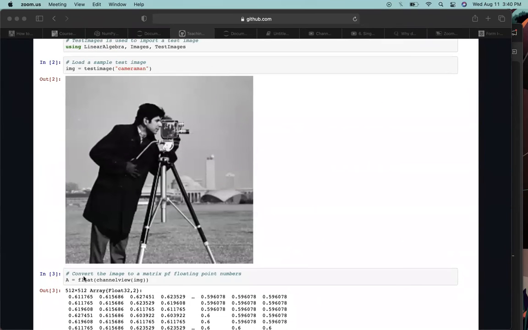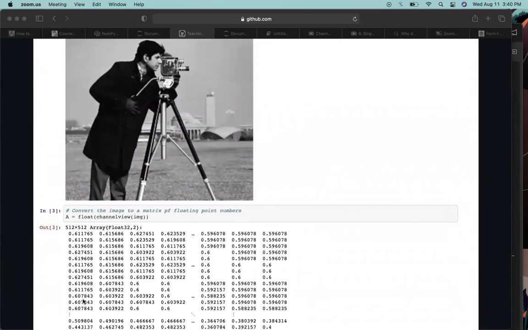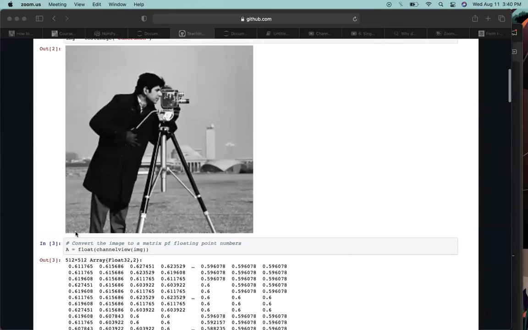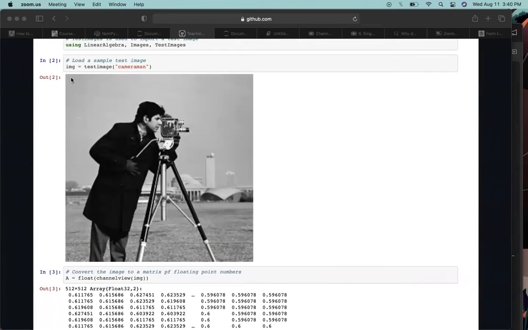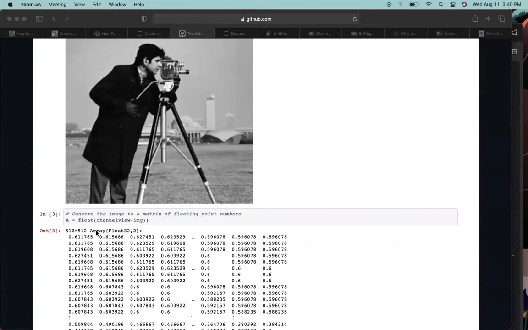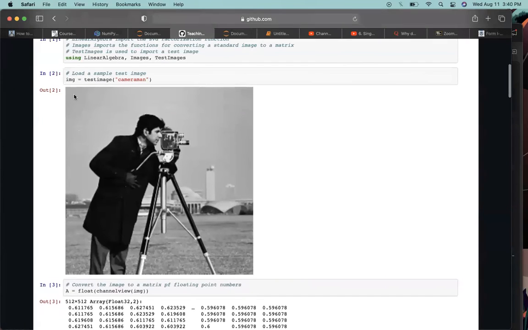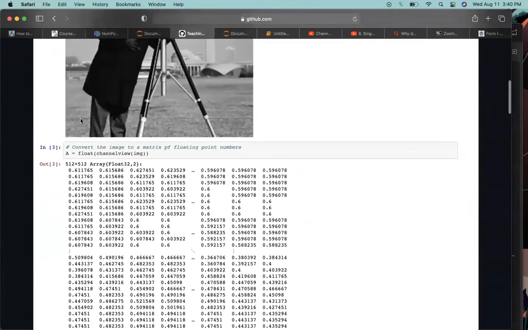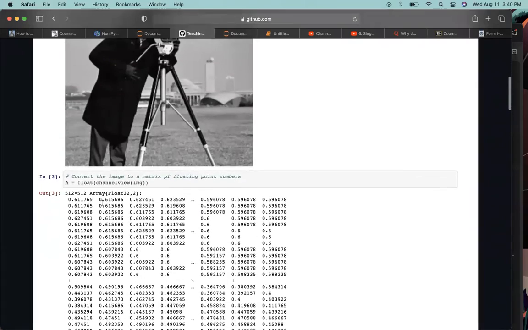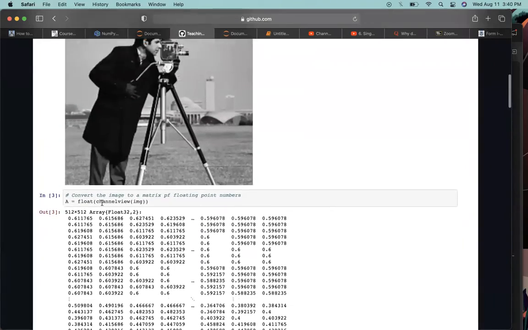The closer to 1, the lighter the pixel, so the closer to 1 the cell is, the closer that pixel is to being white. So it's just a matrix, see?